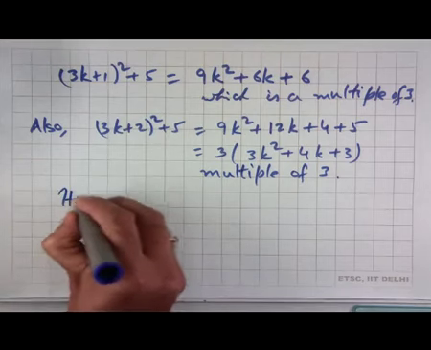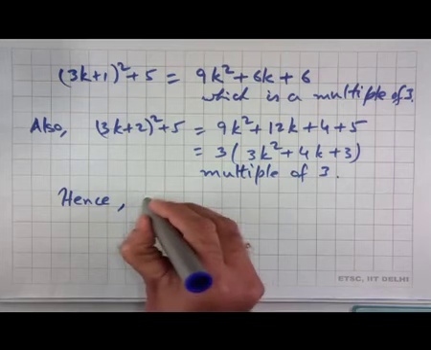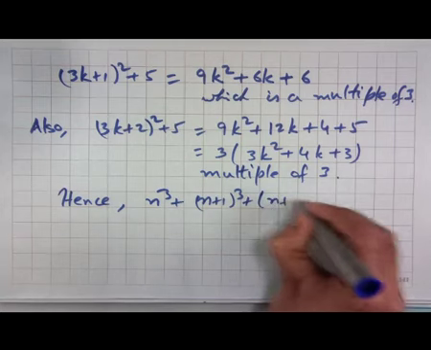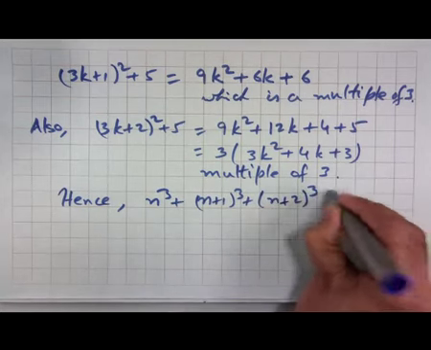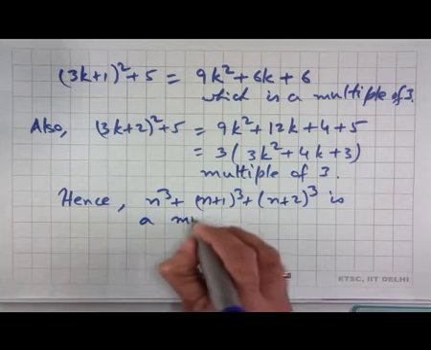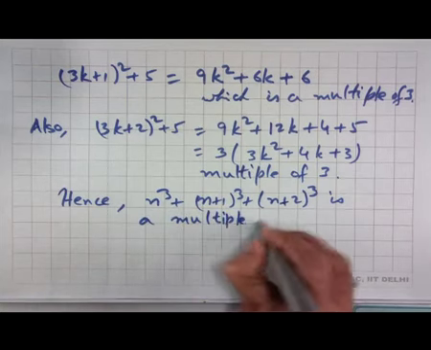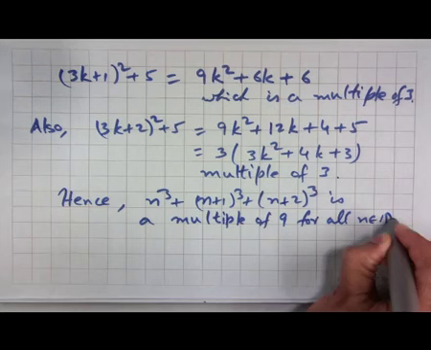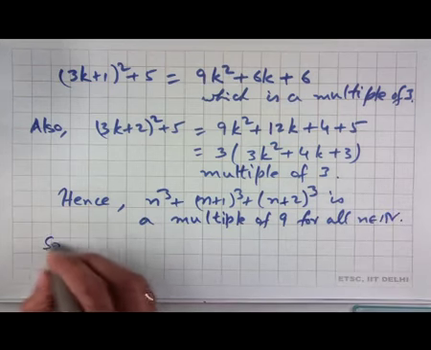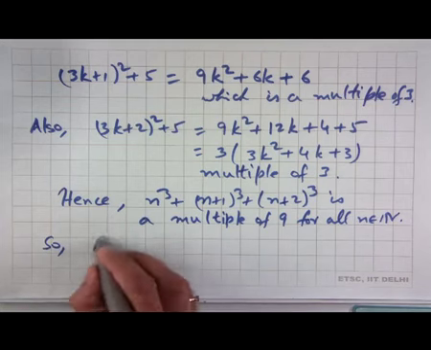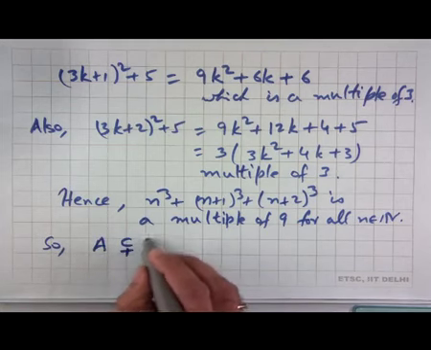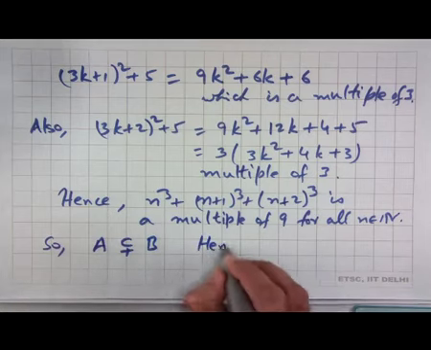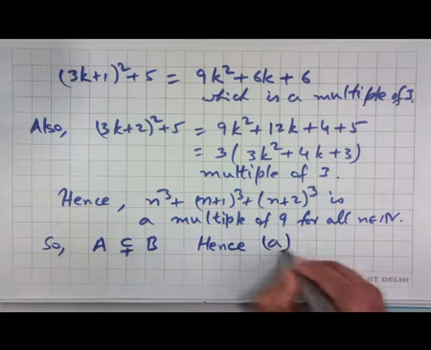So, hence this n cube plus (n plus 1) cube plus (n plus 2) cube is a multiple of 9 for all n in N. So, we have the set A is a proper subset of B, hence A and D are correct.